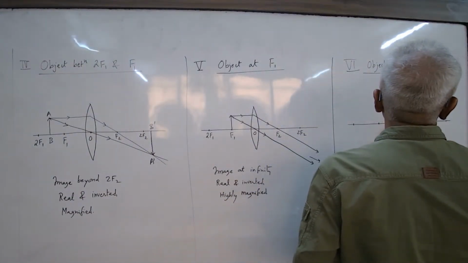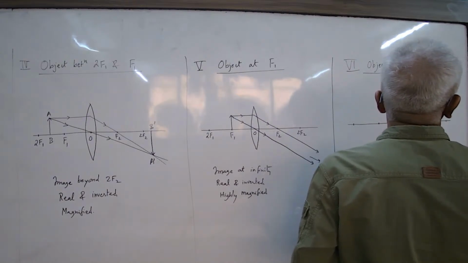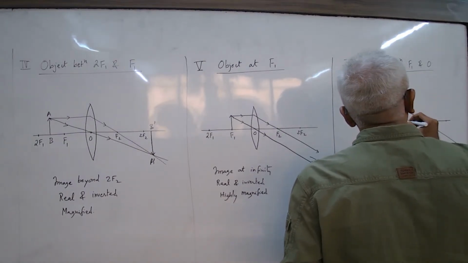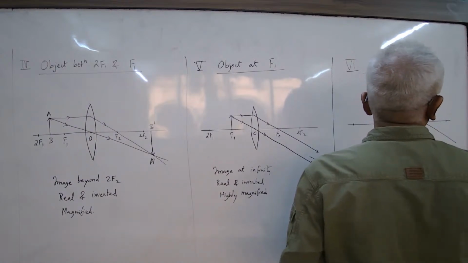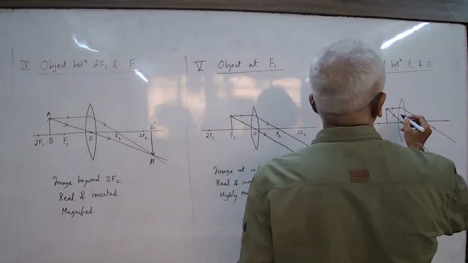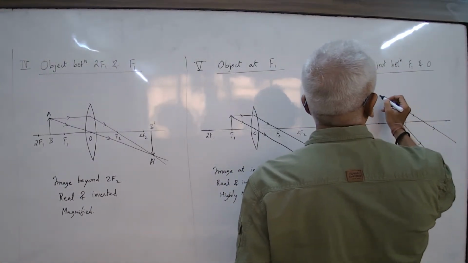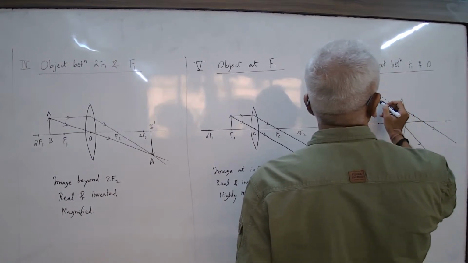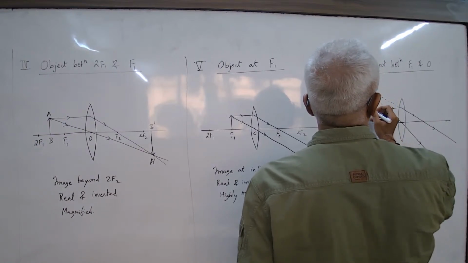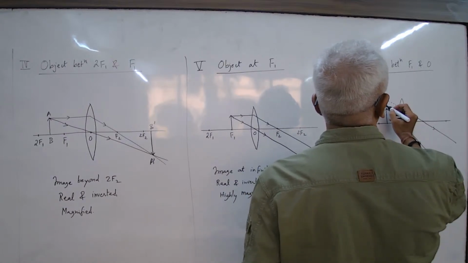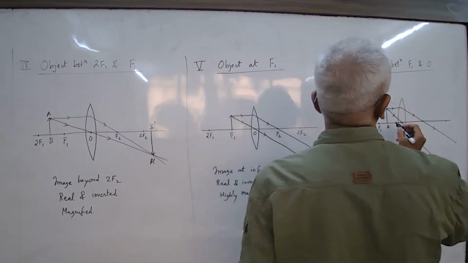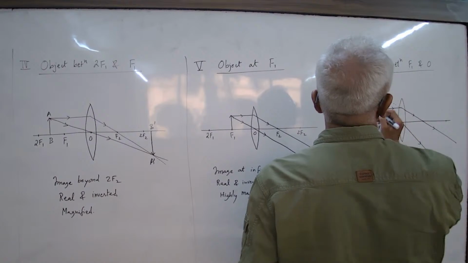So we have, now this is a diverging ray. B dash and B dash.